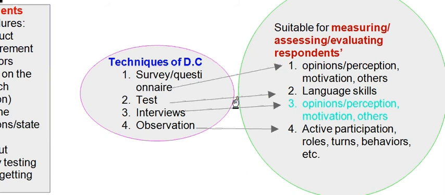Test usually deals with language skill. So take for example, if you want to assess your students' listening skill, then you have to do testing. So test is your technique for data collection. And then interviews and observation, you can read by yourself here.